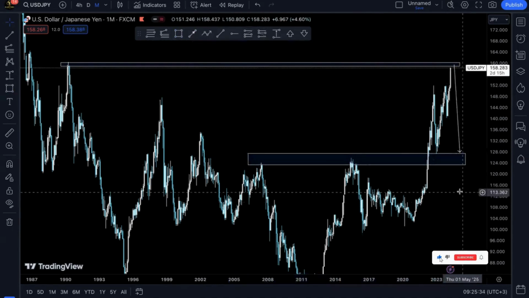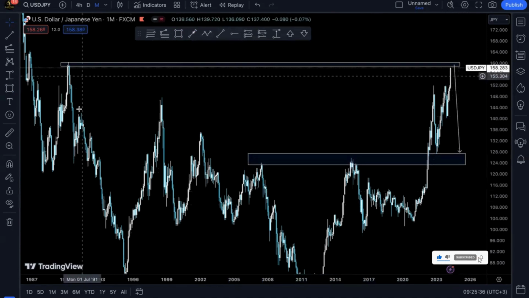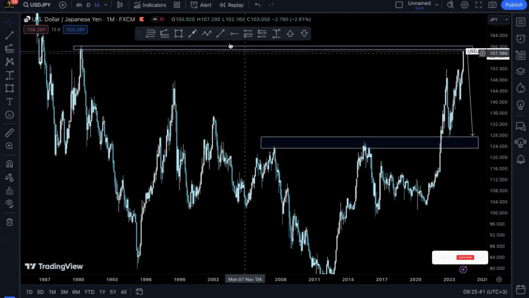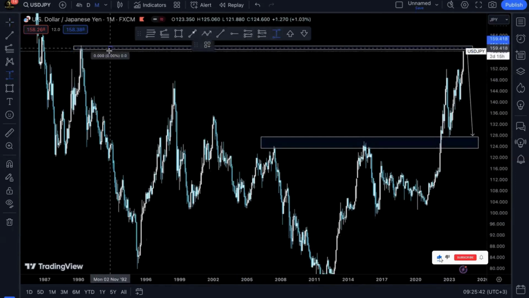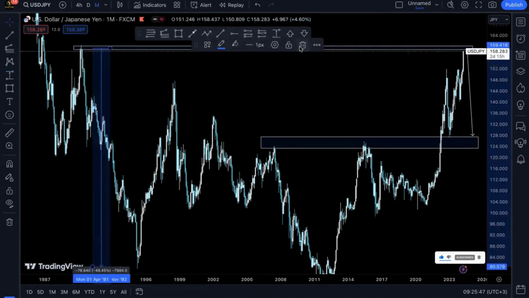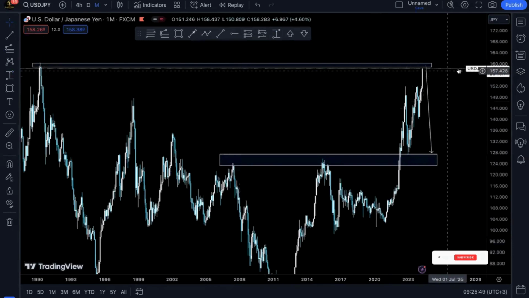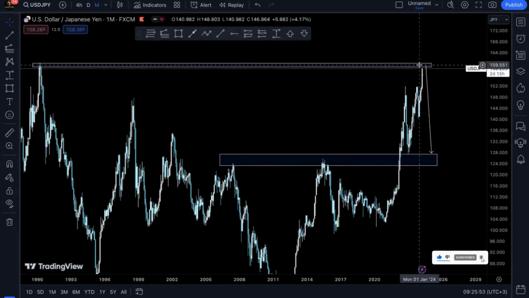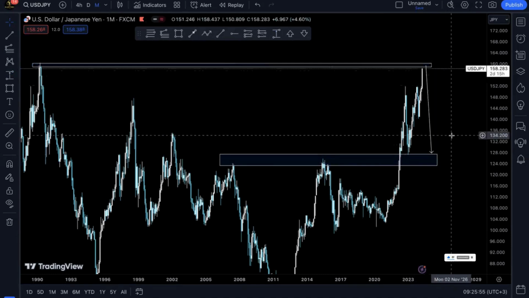Because mind you, that's a very strong resistance. Very, very strong. You can see how it reacted the last time it hit. Prices dropped over 7,000 pips. So this is my bias. I'm anticipating once prices hit this resistance, they will retrace until somewhere down here.